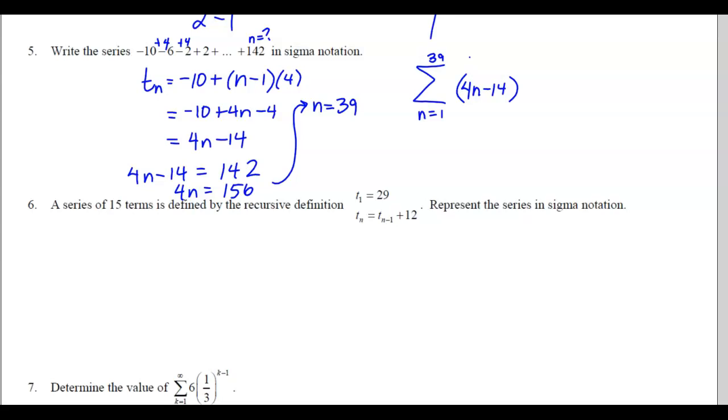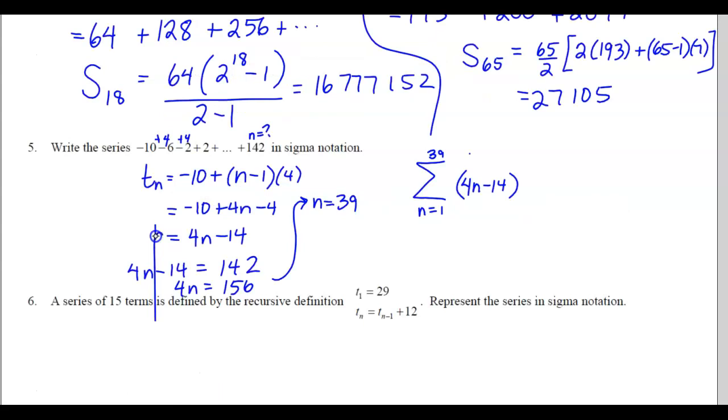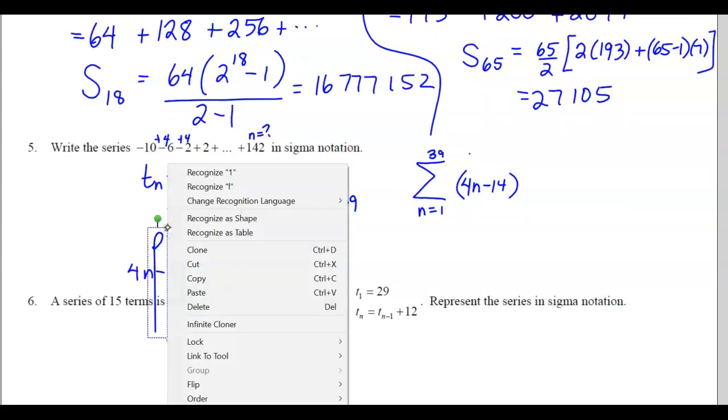Okay, so now we have the recursive definition of a series, or of terms of a series. Okay, so then show that in sigma notation. So we know the first term. First of all, I would write out the first few terms.